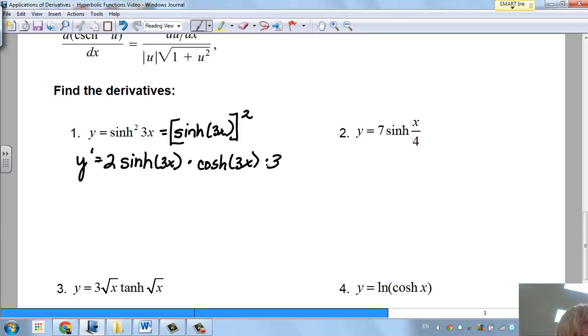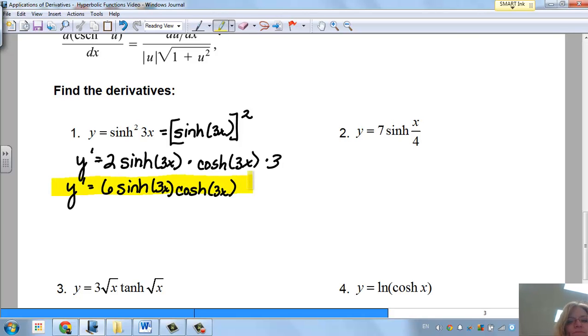So this is very similar. So you have y prime equals 6 sinh 3x cosh 3x. Alright, so there is the first one.